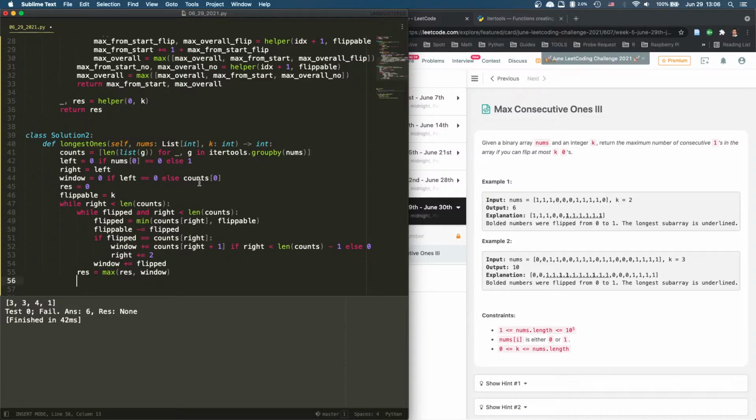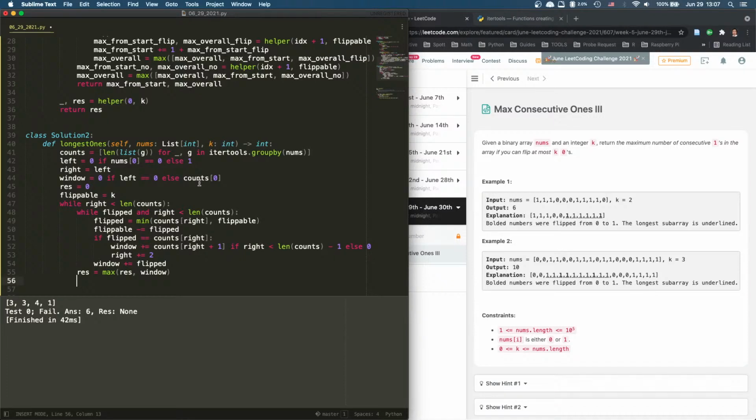Minus this plus this. Alright, minus this plus this. Eventually they will end up together. I think this is the situation. So if left and right is the same, right?